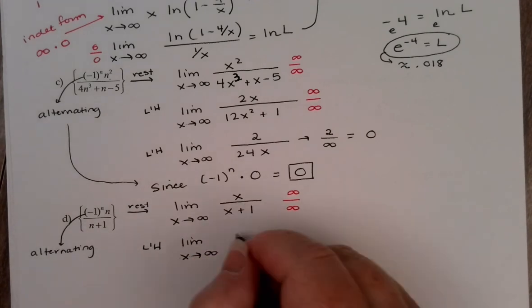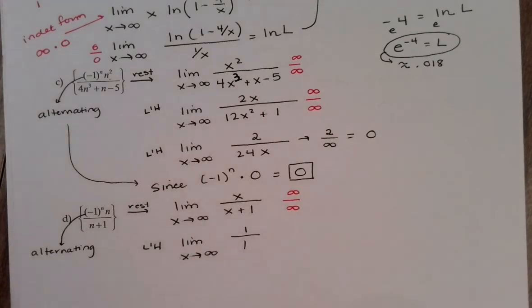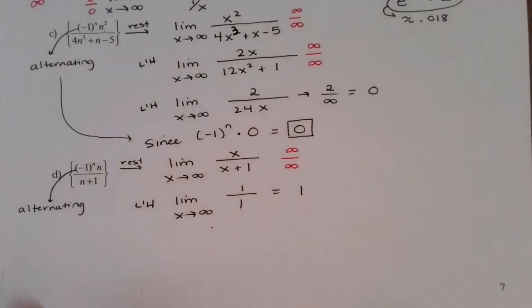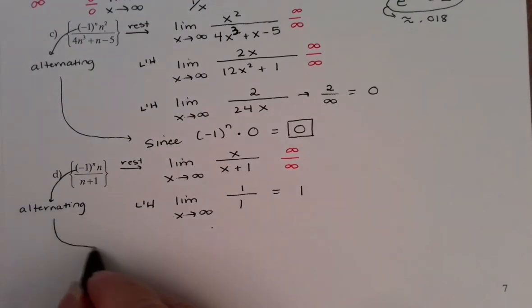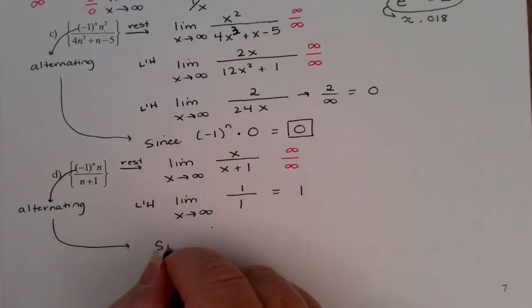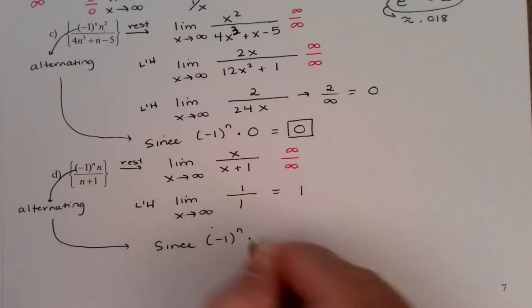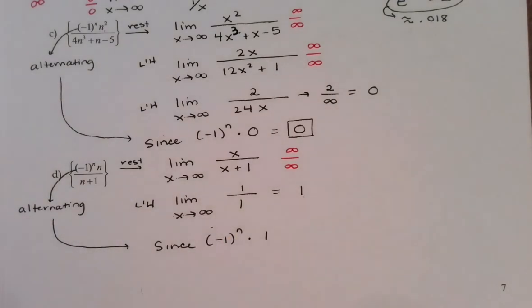So go ahead and do those derivatives. We just get 1 over 1, or 1. All right, now again, not done yet. I have to keep in mind this sequence was alternating. So I had a negative 1 to the n times that limit of 1.